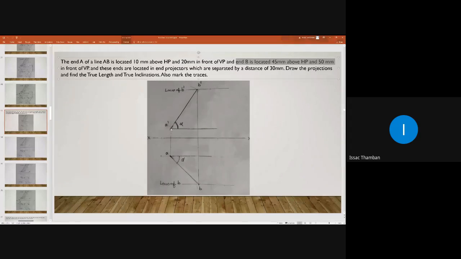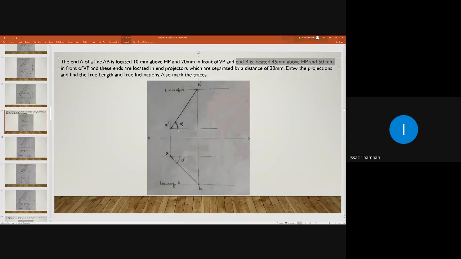Have you marked alpha and beta? Yes, sir. Okay. So what is the specialty of this condition? Here, A dash B dash is the apparent length of line AB in the elevation, which is known as the elevation length.